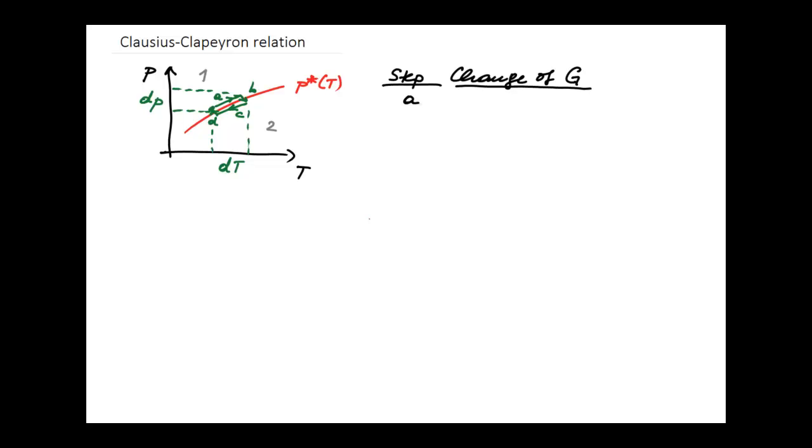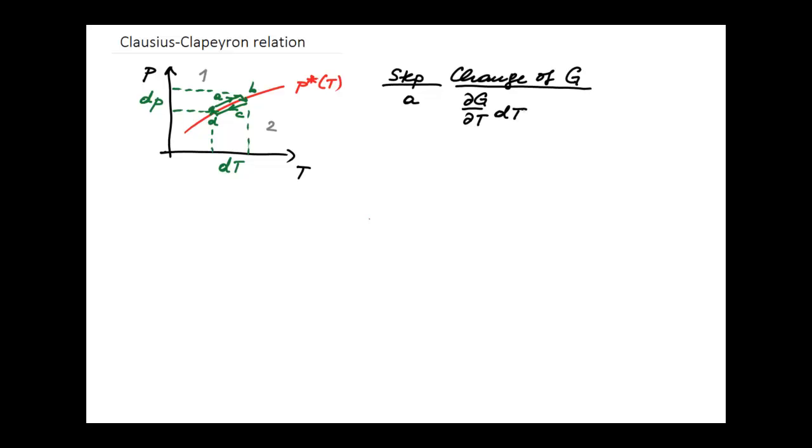Let's consider the first step, step A. The free enthalpy is a function of temperature and pressure. We change both pressure and temperature infinitesimally, and therefore also the free enthalpy will change by an infinitesimal amount. And this change is given by the partial of free enthalpy with respect to temperature times dT.